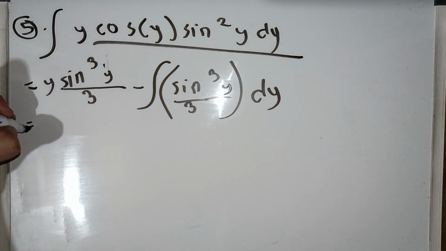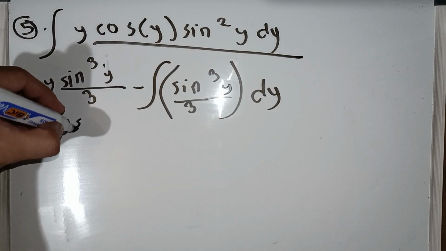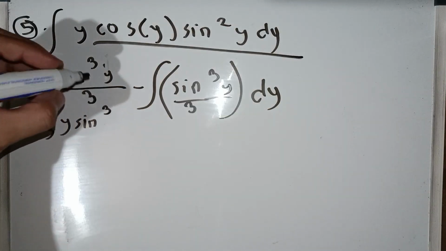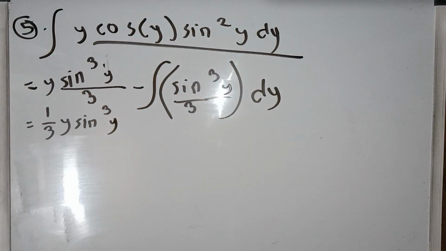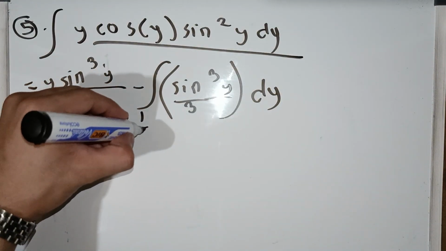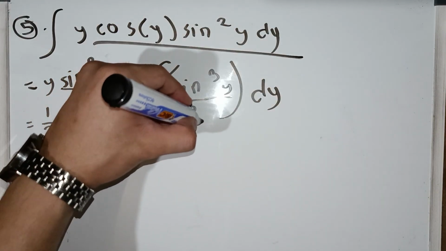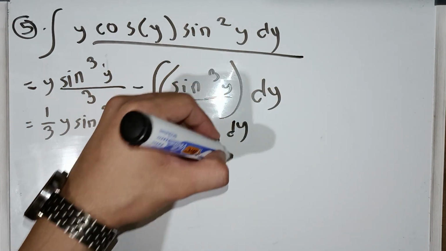Simplify this one, so that is now equal to 1/3 y sine cube y minus, since it is a constant, let's put it here, 1/3 the integral of sine cube y dy.